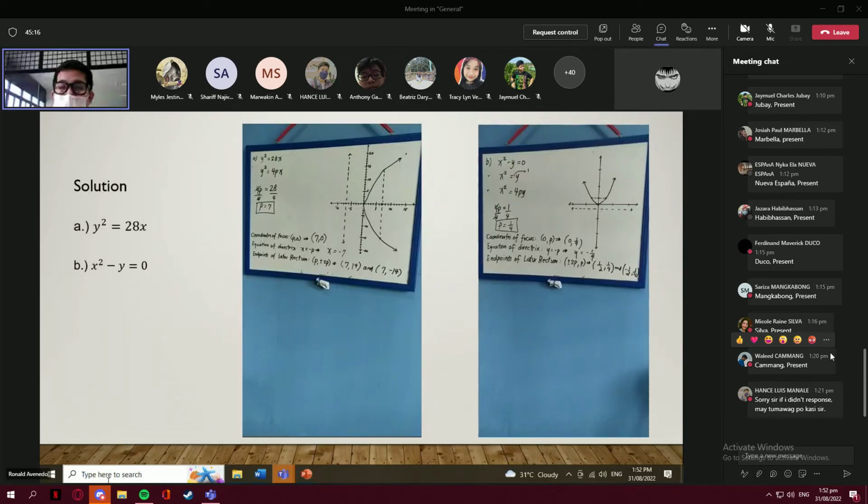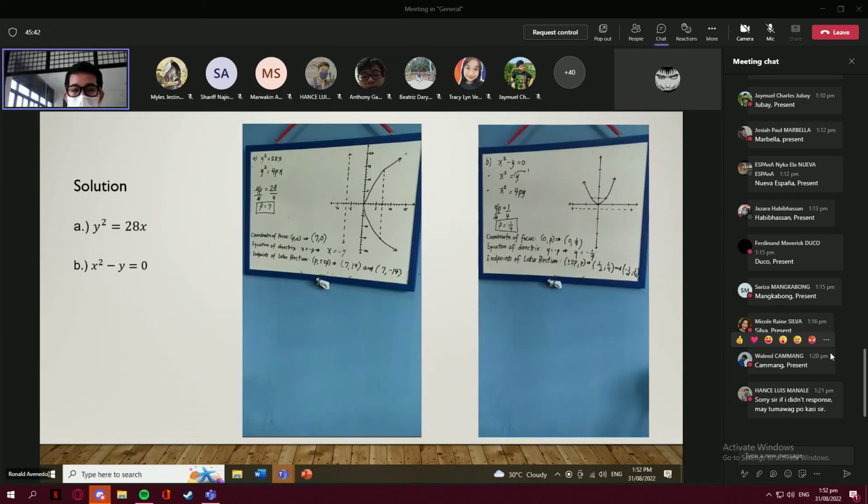And for sure, that time, magiging face-to-face na tayo. So as early as now, dapat marunong tayong mag-solve, especially sa graphing. Kasi maraming graphing talaga ang calculus. So I think medyo malinaw ang ating equation of the parabola when the vertex is at the origin.